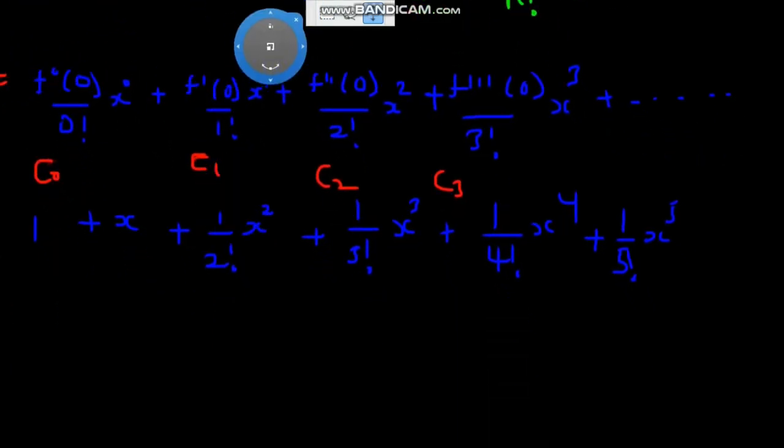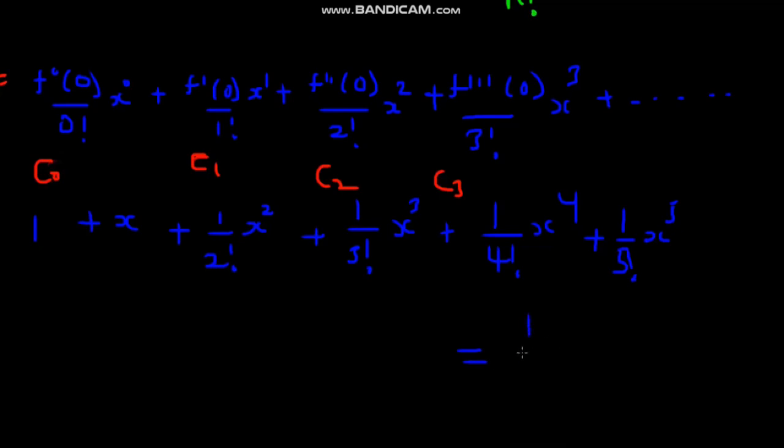I can define a general formula for this to be equal to 1 over n factorial times x to the power n. So this will be the general formula for this.